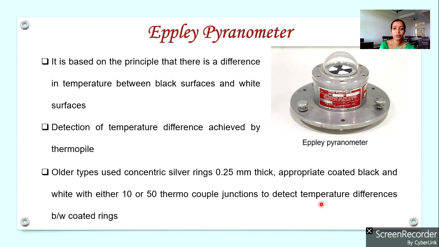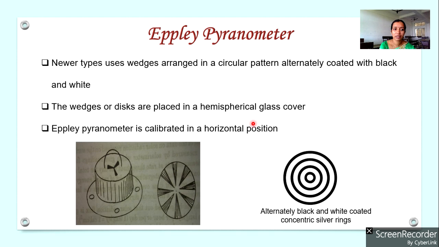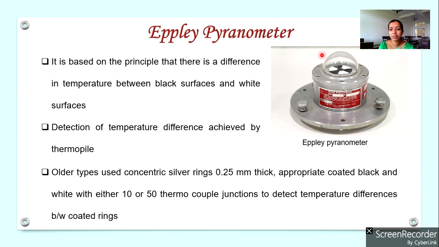And in the newer type of pyranometers, the black and white color coated surfaces will be in the shape of wedges. There will be wedge shaped black and white coated surfaces like this. So this is a modern pyranometer where the sensor is in the form of alternate wedge shaped black and white color coated surfaces.